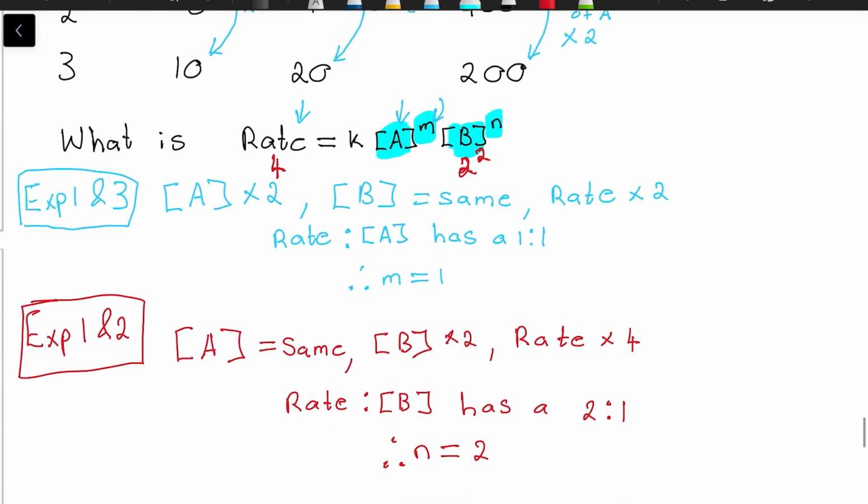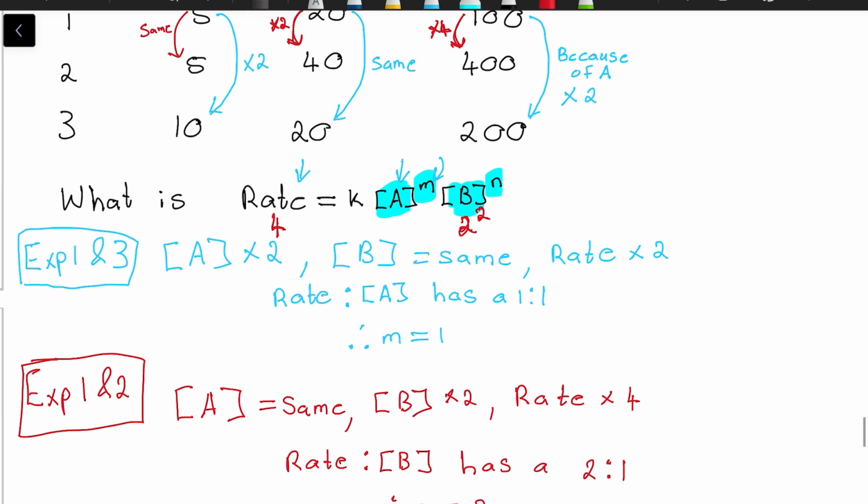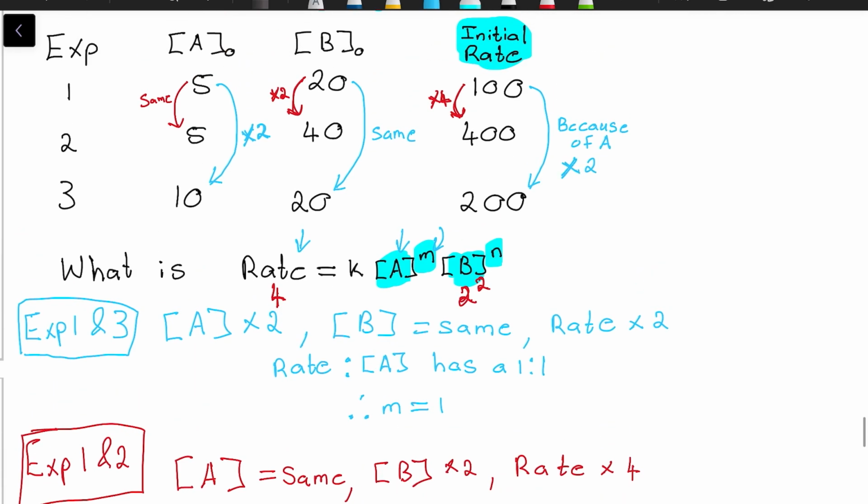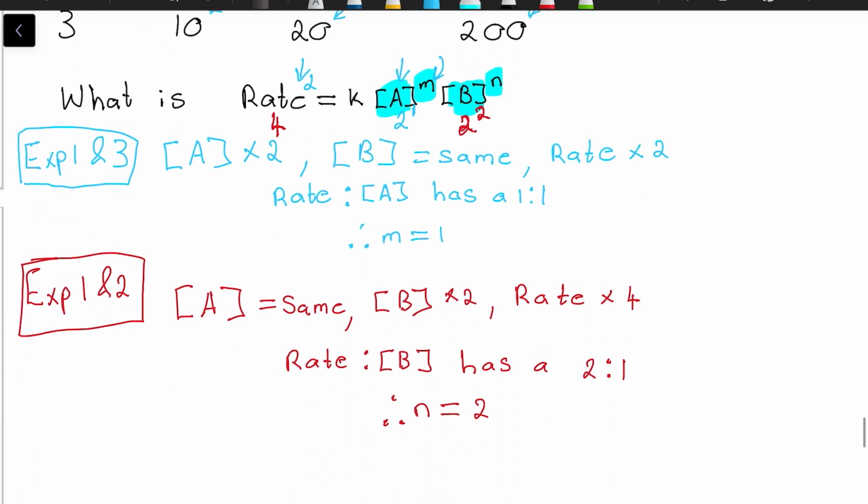Okay, that means n has to be 2. The same way, if I multiplied by 2 here, the only way to get a 2 on this side is to have 2 to the power 1. So that makes m a 1.